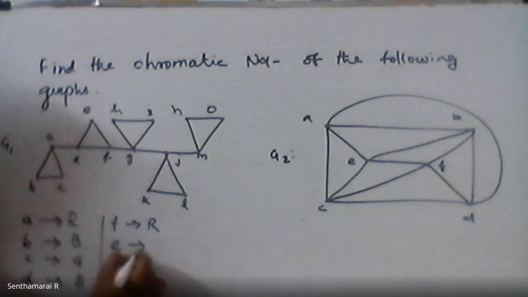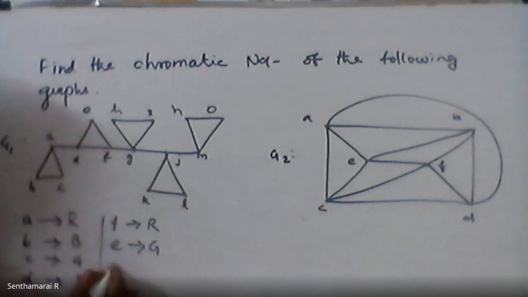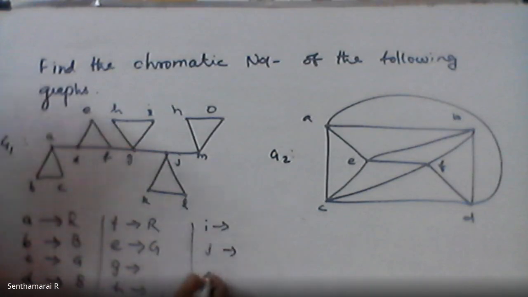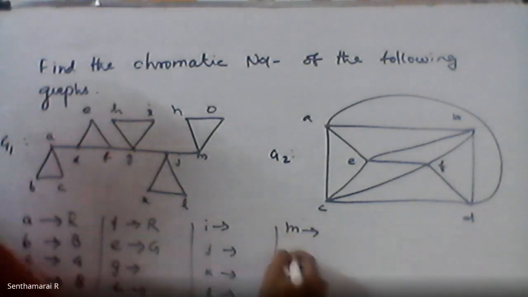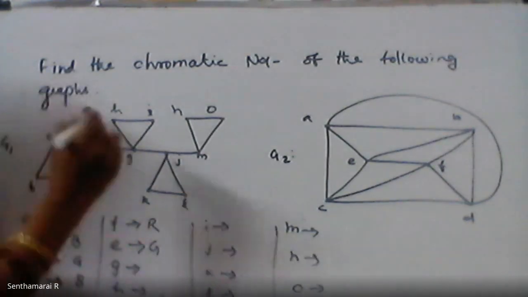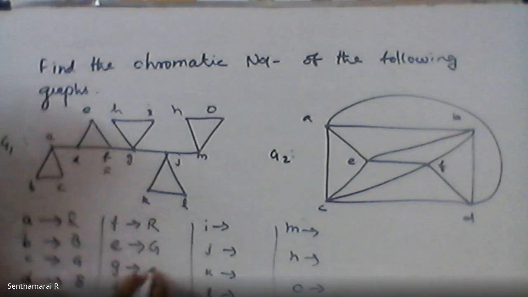E: blue, red, green I can give. D, E, F, G, H, I, J, K, L, M, N, O. Can you fill the colors? G, already I used red here. E is not connected to G directly, so I can give G red again.